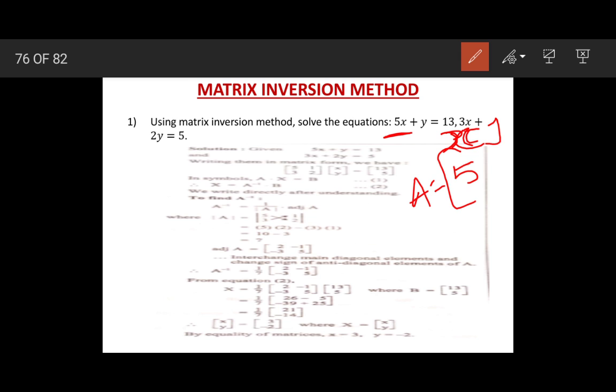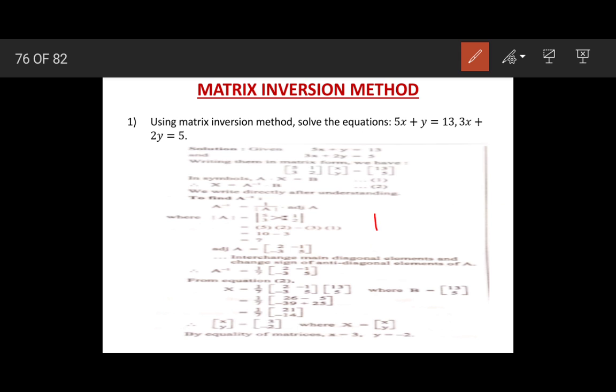In the second equation, the coefficient of x is 3. So 5, 3. Then the coefficients of y in the second column: in the first equation it is 1, in the second equation it is 2. So 1, 2.